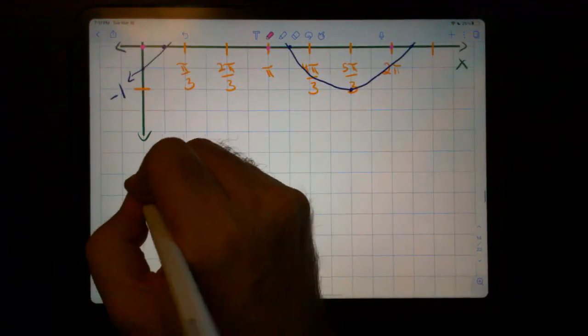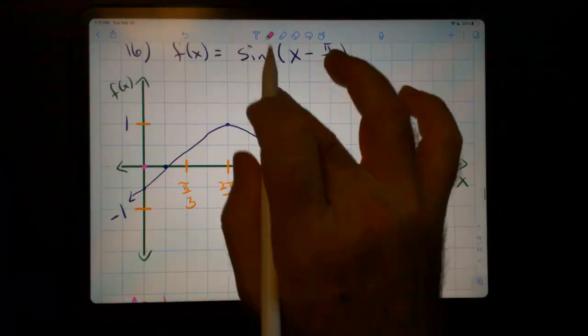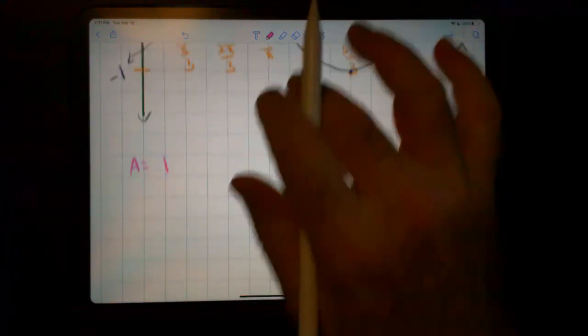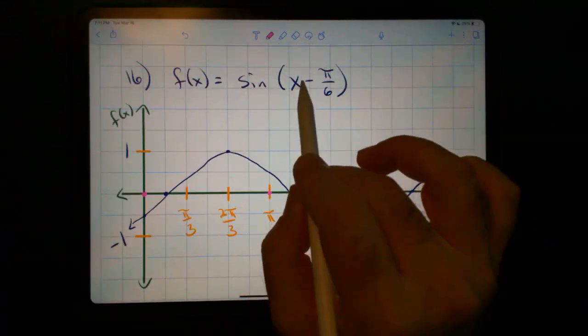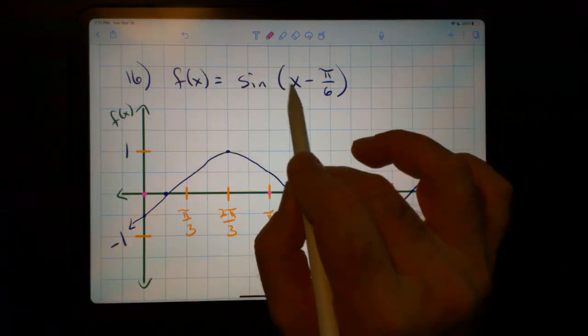So the amplitude is going to be 1, because your A is 1. The period is going to be 2 pi, because the period is 2 pi over b.